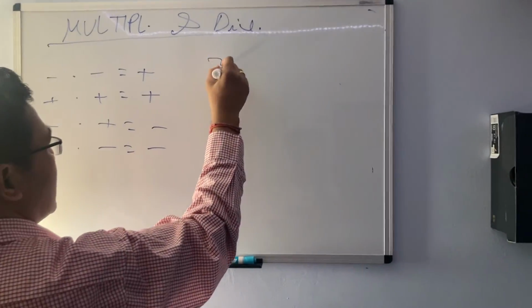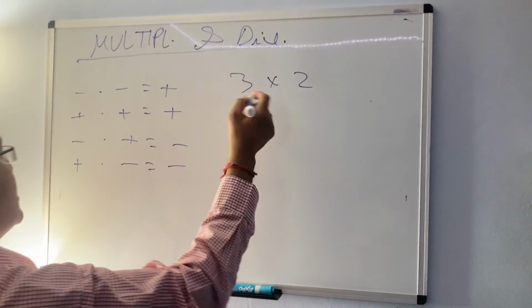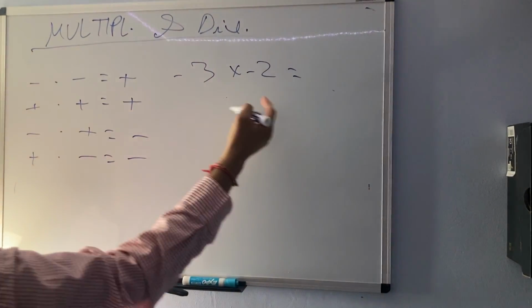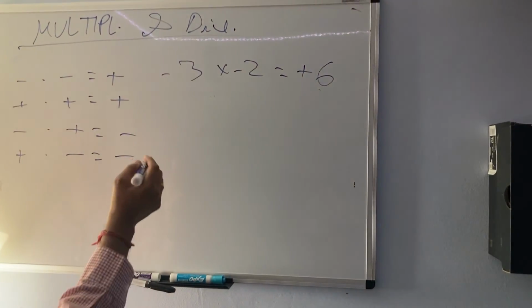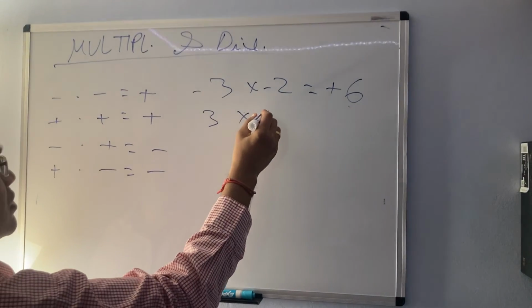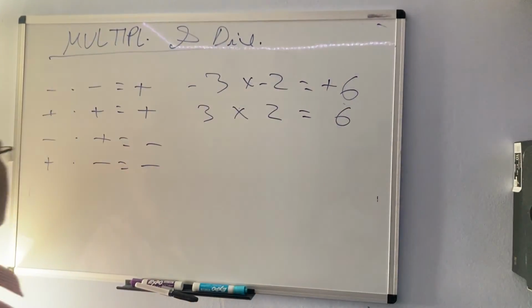For example, let's say negative 3 times negative 2. Negative times negative becomes positive. 3 times 2 is 6. Let's say the signs are the same, both positive. In this case, it's positive, 3 times 2 is 6.